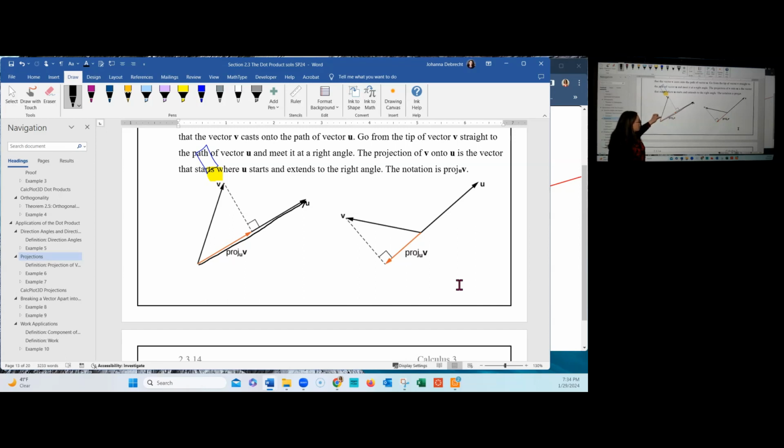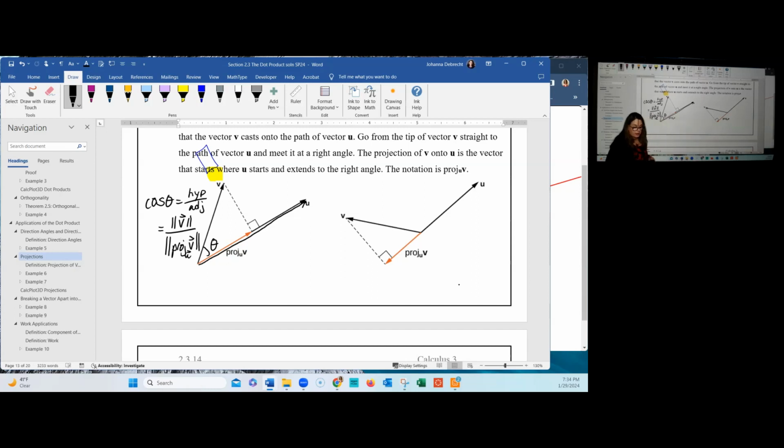So remember that the cosine of this angle, if I make that theta, is going to be the hypotenuse over the adjacent side. And the hypotenuse is the magnitude of vector v. And the length of the adjacent side is the projection of v onto u.